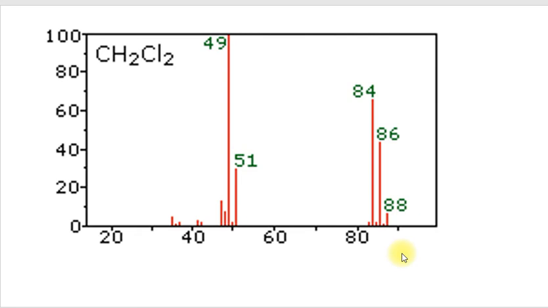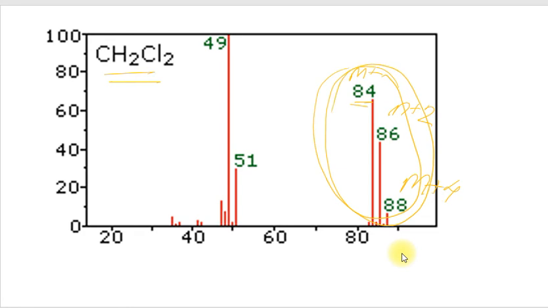So you can see here the dichloromethane. In the case of dichloromethane, you have a set of molecular ion peaks. 84 is the M plus peak, 86 is the M plus 2, and 88 is the M plus 4 peak. So these kinds of peaks suggest that it is a dichloro compound.